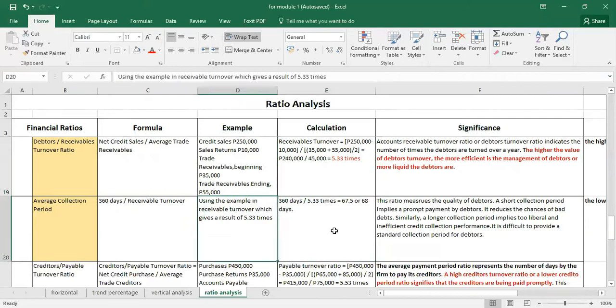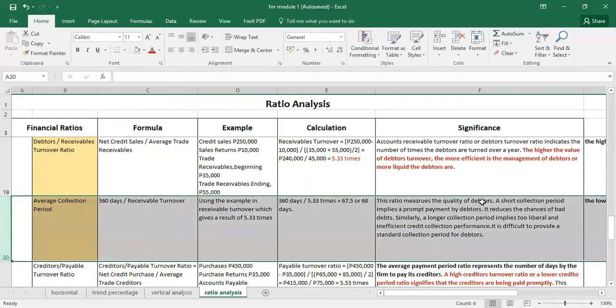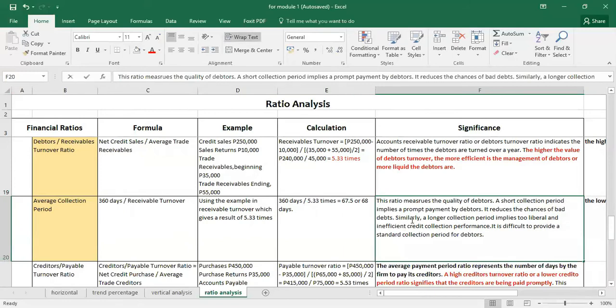Pero kung mataas yung average collection period mo, ibig sabihin lang yan, may mali doon sa might be yung mga nangutang sa'yo, yung mga debtors mo ay hindi liquid enough to pay their debts or masyadong maluwag yung collection, parang collection department ng company.